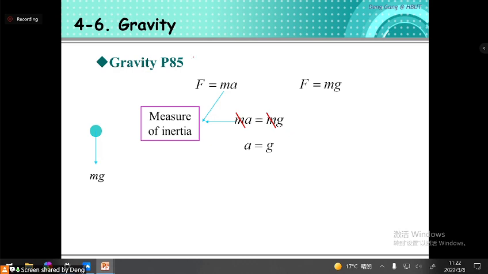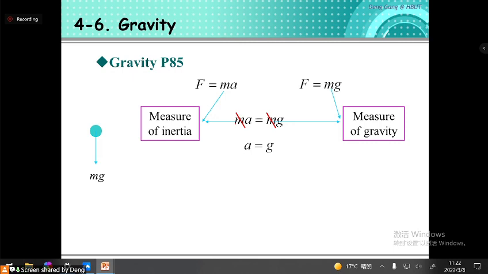But according to Newton's second law, this m means the measure of the inertia. But according to this equation, this is the gravity, so this m is the measure of gravity. The heavier the object, the greater the m, because g is constant. Which means these two m's are actually not the same.